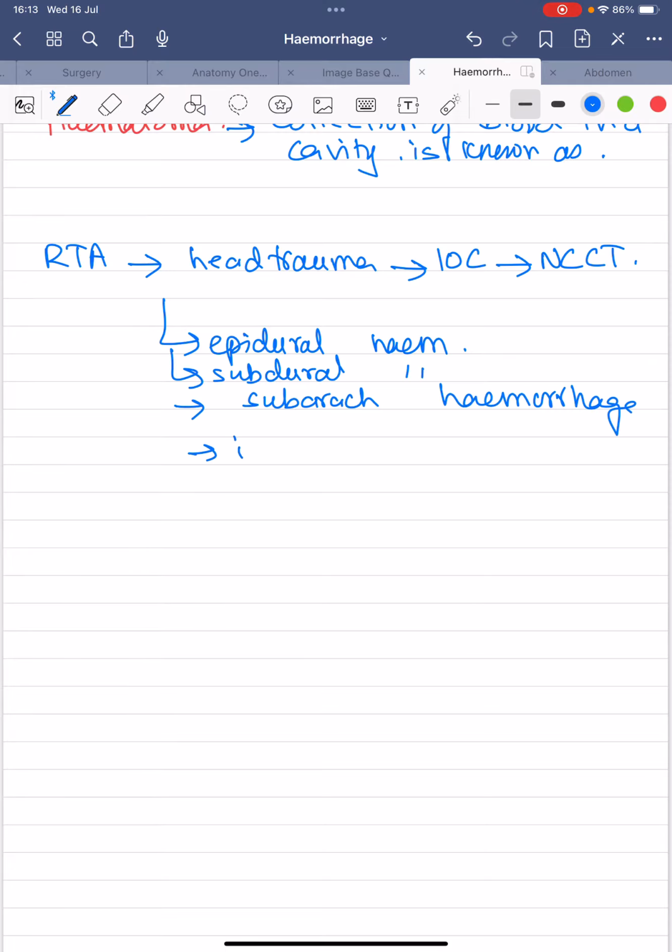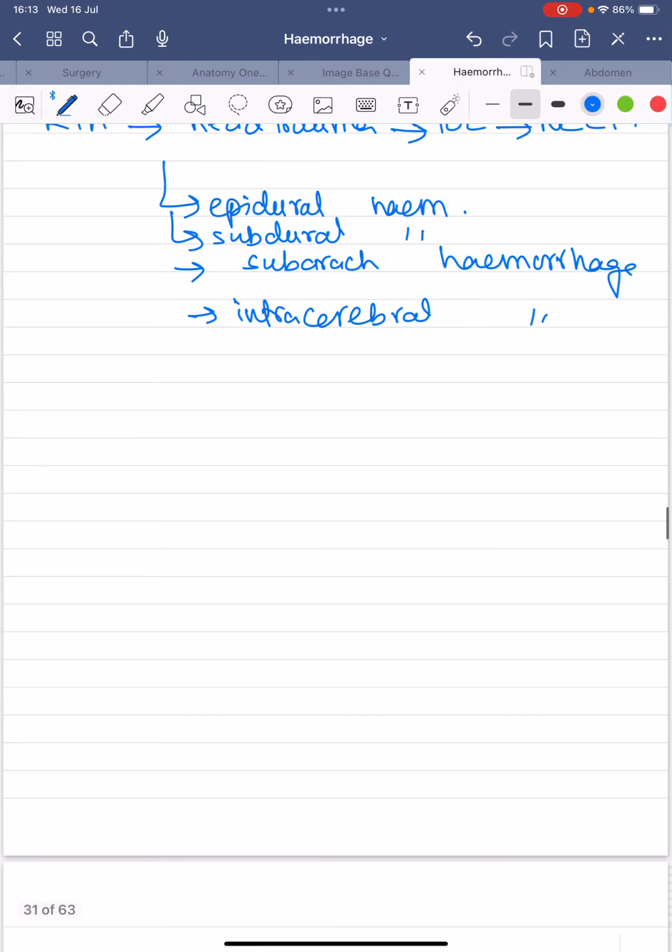Okay, so first of all, we are going to draw a very simple diagram so you can understand these epidural hematoma, subdural hematoma, subarachnoid hemorrhage, and intracerebral hemorrhage. So see here, this is our skull bone.